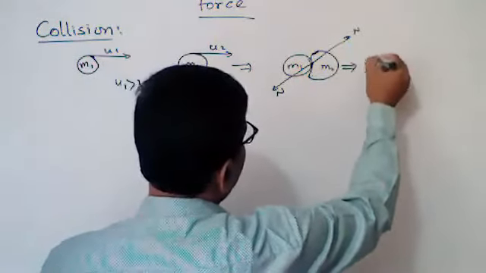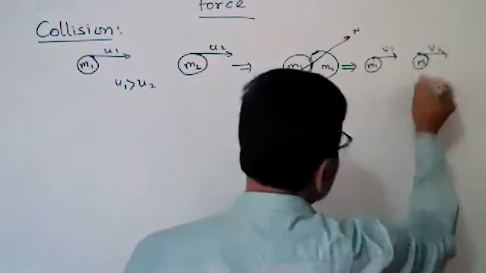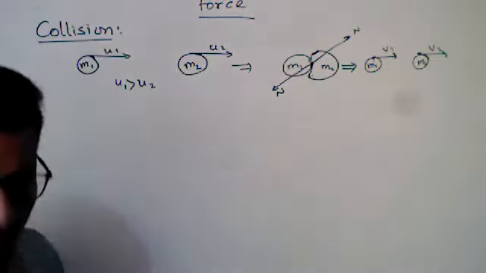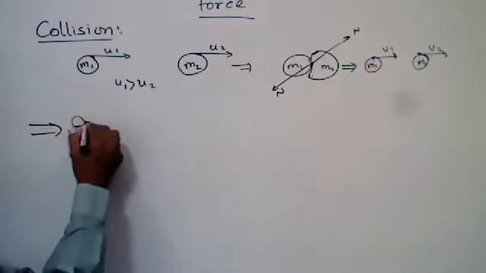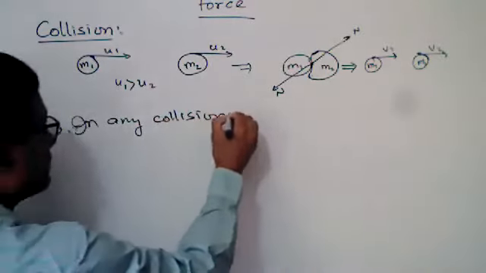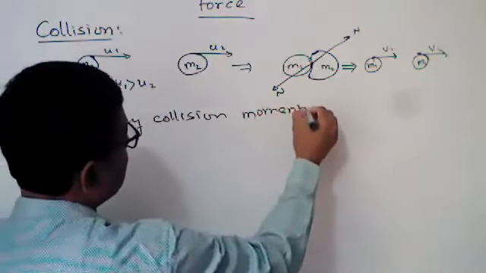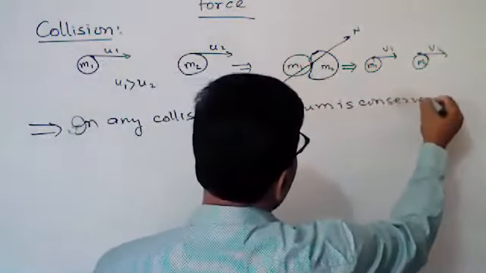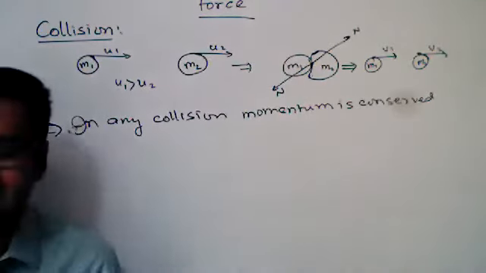So m1 moves in v1 direction and m2 moves in v2 direction. In any collision, you have to remember this: momentum is conserved through the system.